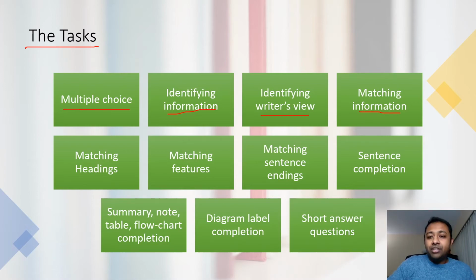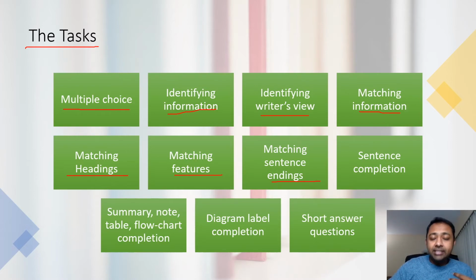You could also match information, match headings, match features, match sentence endings. Very similar, because you're reading for inference, you're reading for details, you're figuring out where you can find a certain piece of information, which paragraph it appears in. That's matching information.